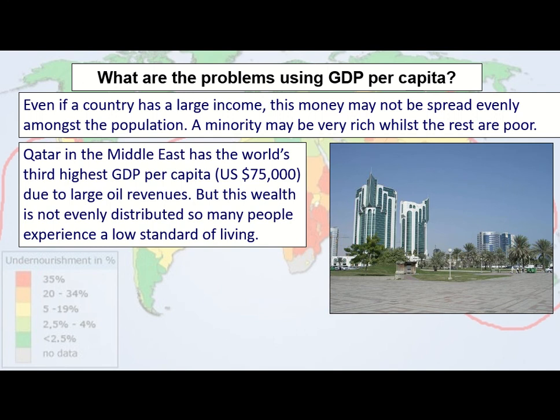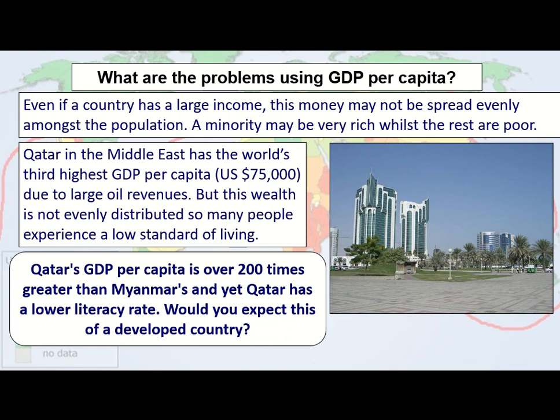One example of this, and again, write all the notes down you want to write down from this, please: Qatar, which is in the Middle East, has got one of the highest GDP per capita in the world, $75,000 per person on average. But it's only a small number of people that have the big wealth. So actually, it's not evenly distributed, and lots of people in the population are nowhere near that wealthy. So it's clearly not a fully developed country.